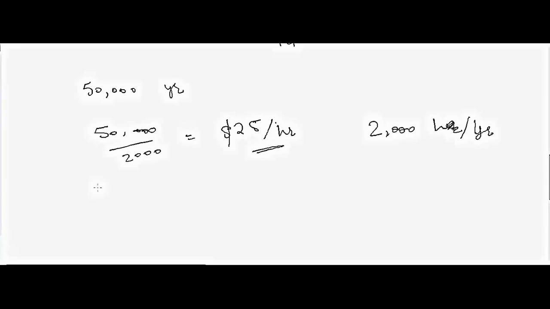In the same way, if you are getting 70,000 a year, that means you are getting $35 per hour. So that's another quick calculation that you can do to get some approximation.